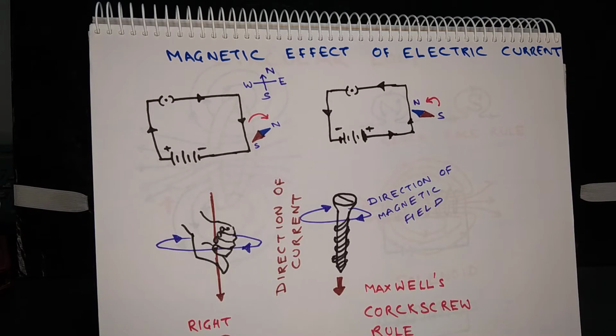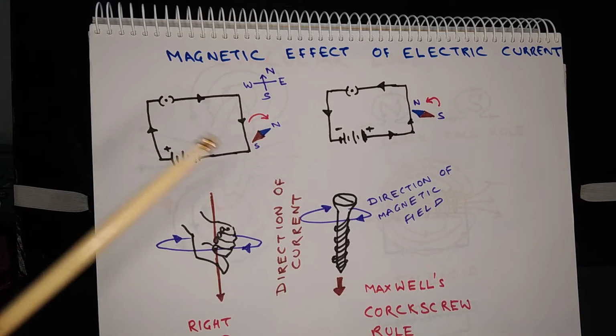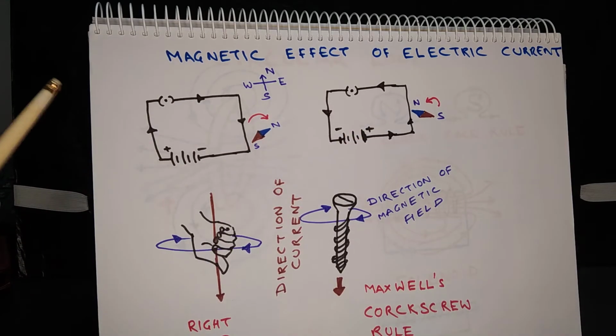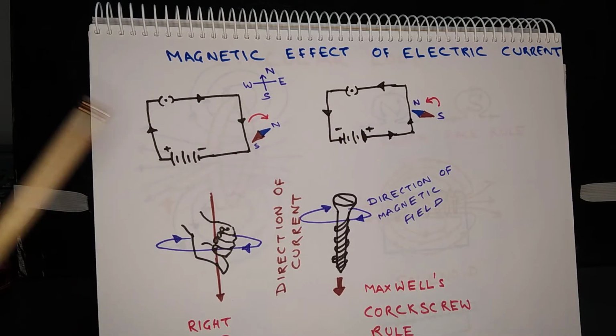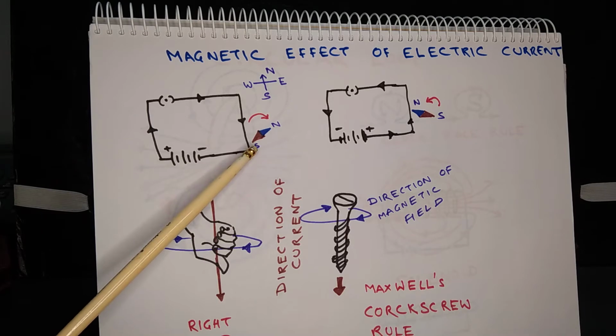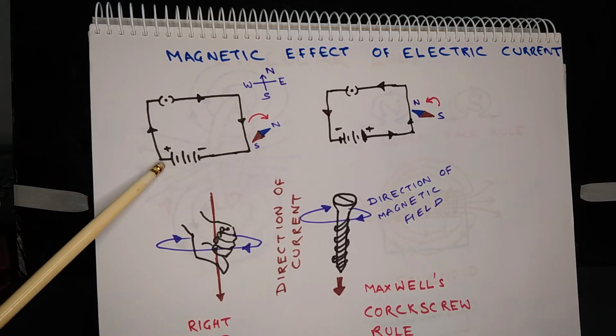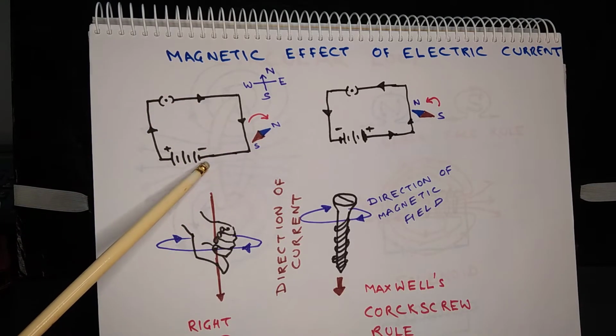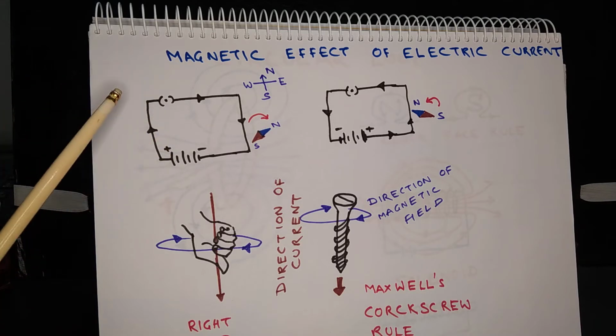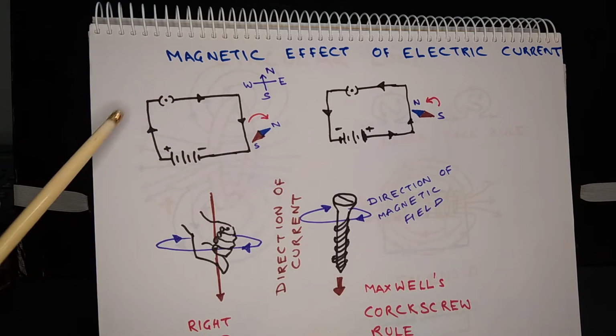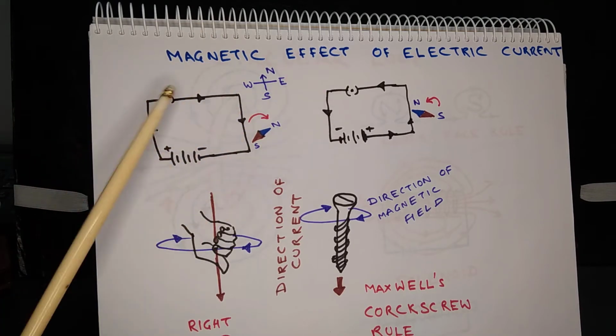So now we can repeat that experiment to see how the magnetic field behaves. There are two circuits. There is a compass magnet. This is the positive terminal, this is the negative terminal of the battery. So the current is flowing in this direction, in clockwise direction.